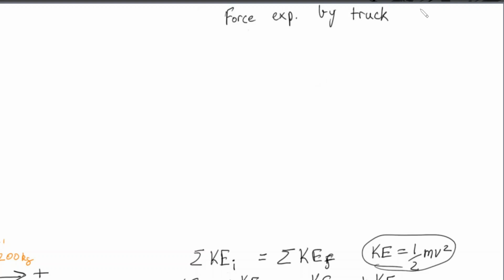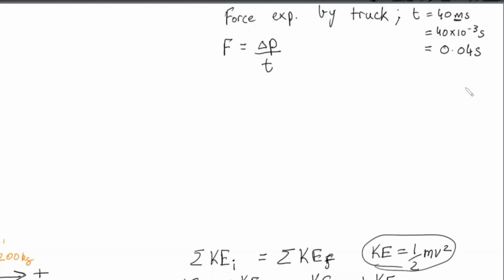Now if we go back to our previous lesson, we learnt that the force experienced by an object is equal to the change in its momentum divided by the contact time. And in this case, our contact time has been given as 40 milliseconds, which I can write as 40 times 10 to the negative 3 seconds, because milli just essentially means 10 to the negative 3, which is also equivalent to 0.04 seconds.